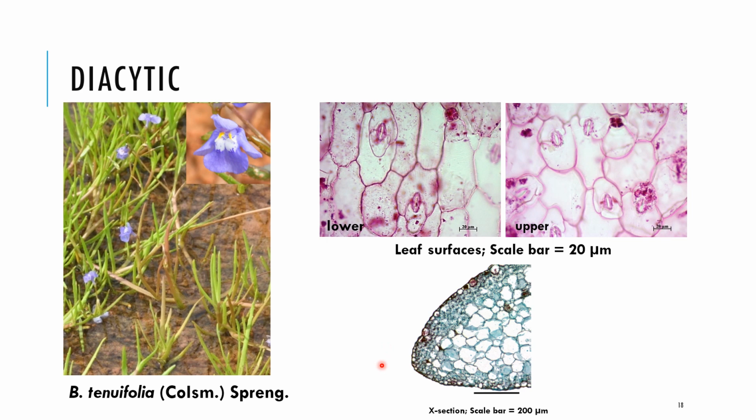Bonnaya tenuifolia is distinguished by its thick and succulent leaf, and this species is found in rice fields in northern Thailand. For the transverse section, the leaf has a single layer of epidermal cells here, and for the leaf surface, both sides are diacytic.